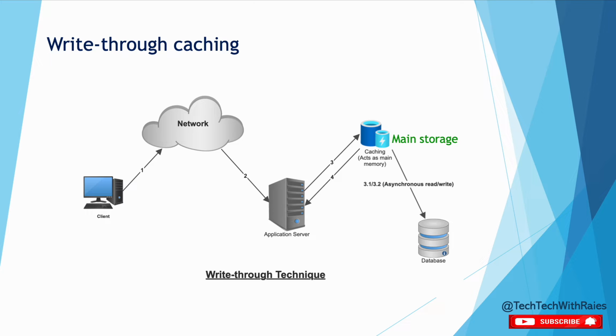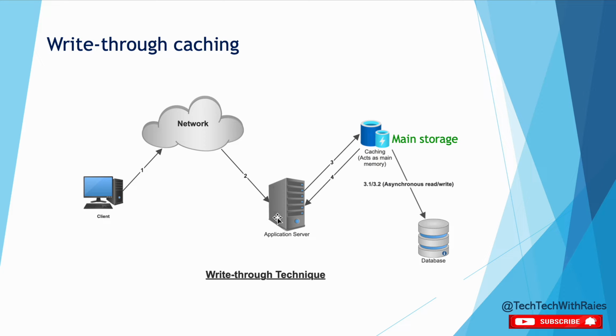Write through caching. This is the second type of caching technique. This is mostly used in writing data. When a client is going to write some particular data to the database, this type of technique is mostly used. Let us see how the request traverses. Here in this case, the client sends the request, which ultimately lands at the application server. The application reads and writes data from the caching layer itself.